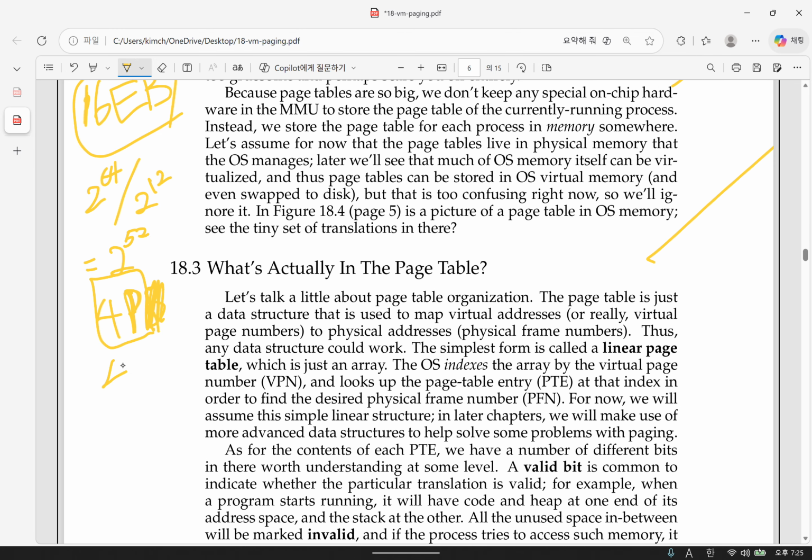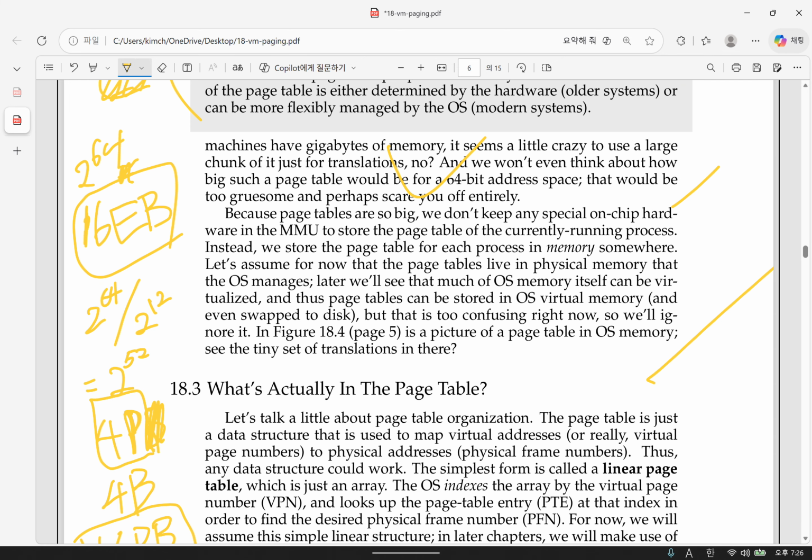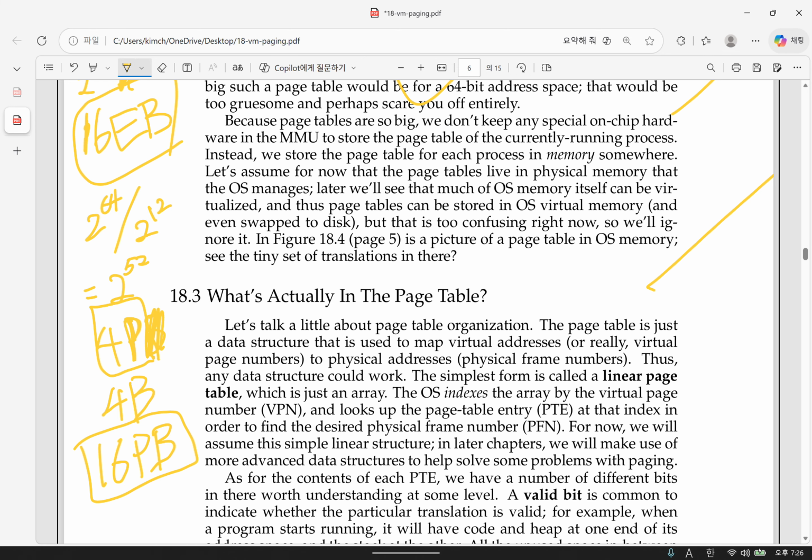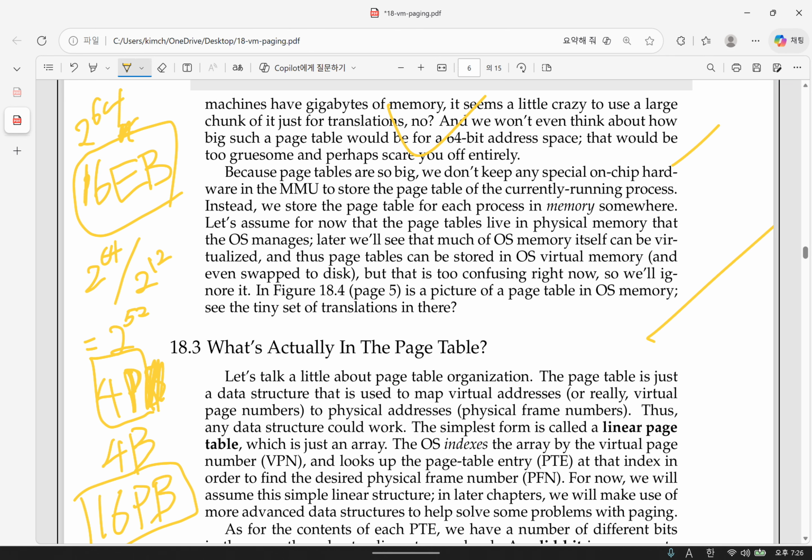And again, if each is 4 bytes, then we have 16 petabytes. We need this much to store one page table, which is insane.